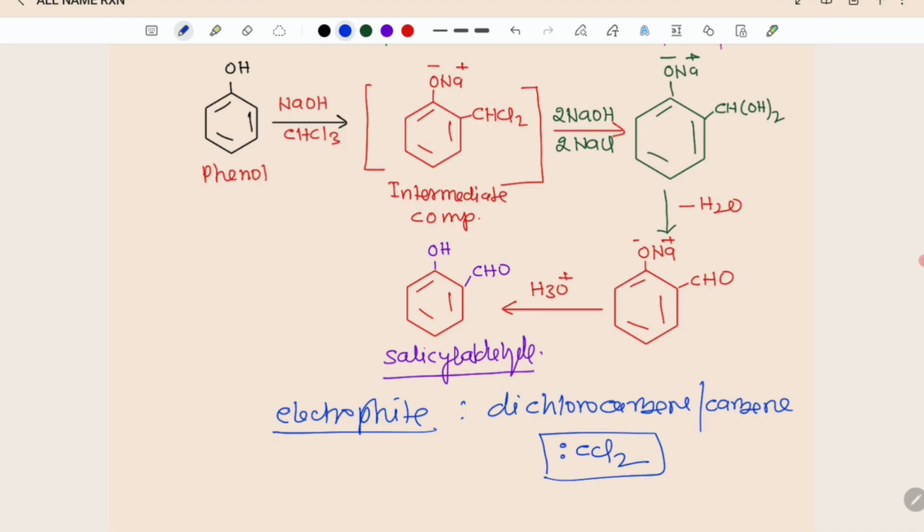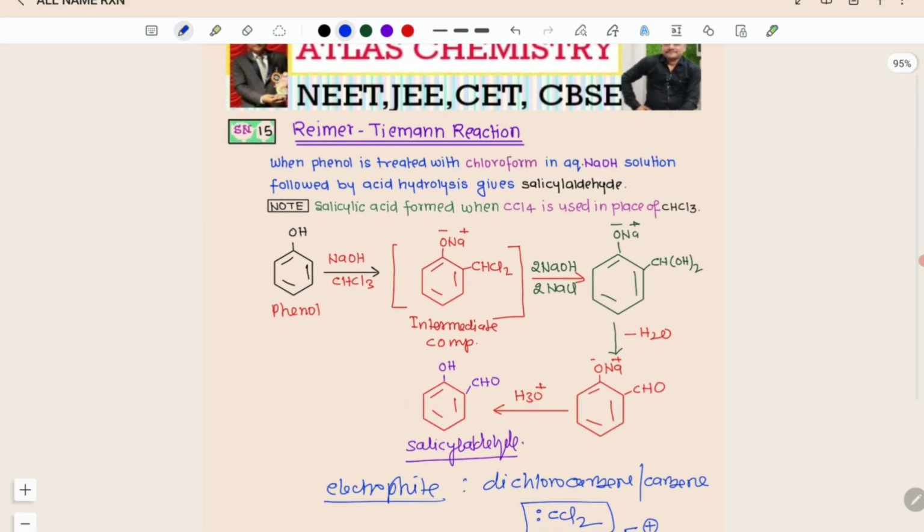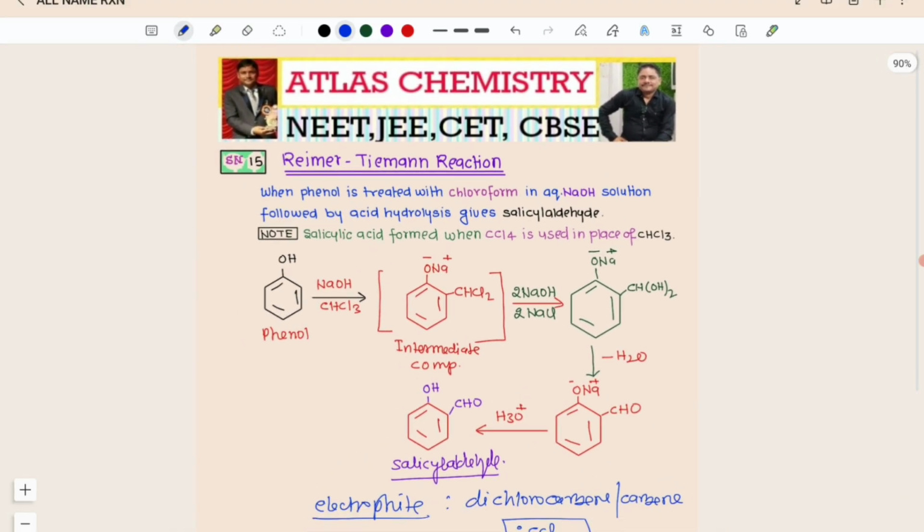This electrophile is very important, and questions are asked related to this electrophile in the Reimer-Tiemann reaction.